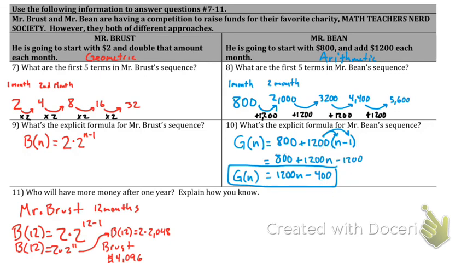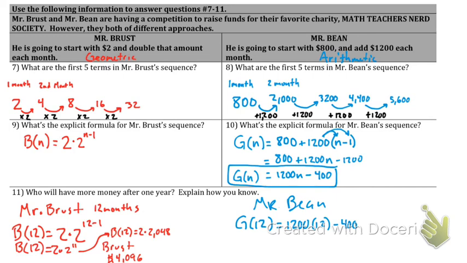All right, so after 1 year, what is Mr. Bean's total going to look like? So we are going to plug in 12 because there's 12 months in 1 year. So G of 12. I'm going to use the cleaned up version, equals 1200 times n, which is 12. And we're going to minus 400.